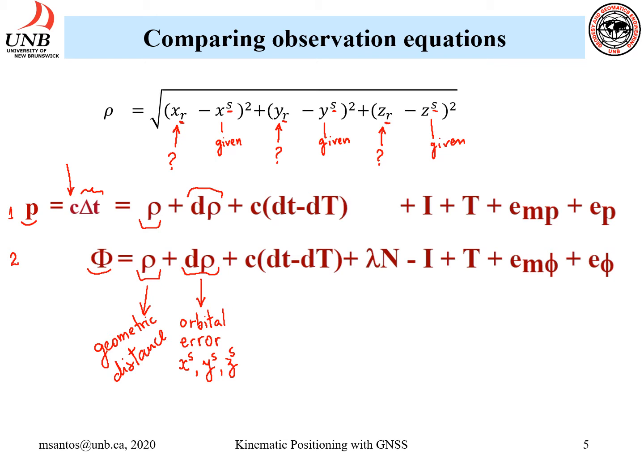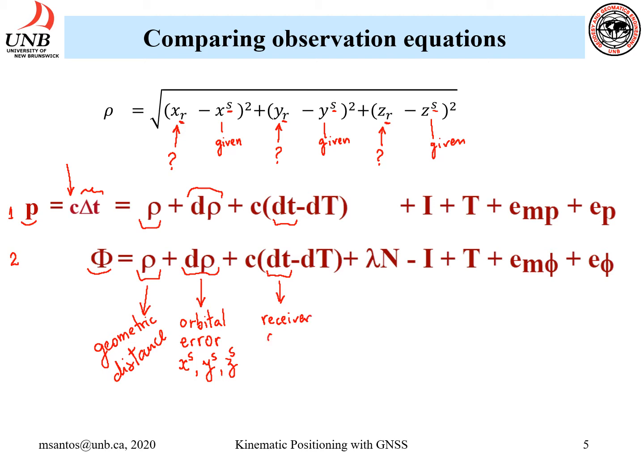Now we have the clock offset. This term here, lowercase dt, is the receiver clock offset.